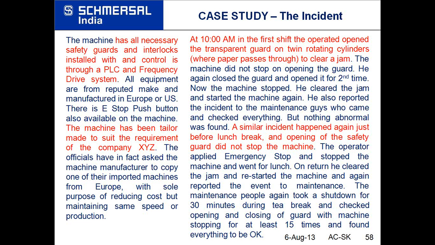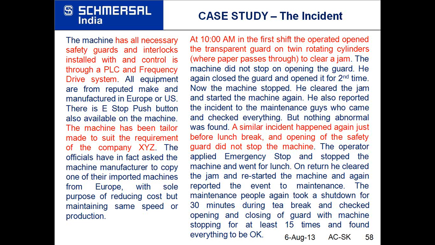But he had observed abnormal behavior, that the guard was opened and the machine didn't stop. So he reported this incident to the maintenance guys. There was no accident. The maintenance guys came and checked everything, but nothing abnormal was found.